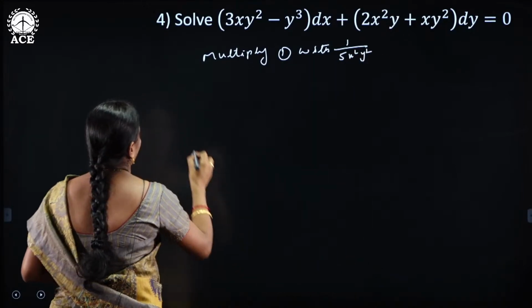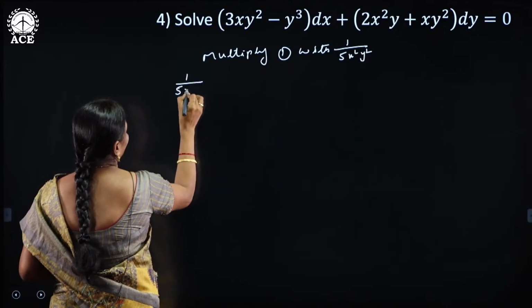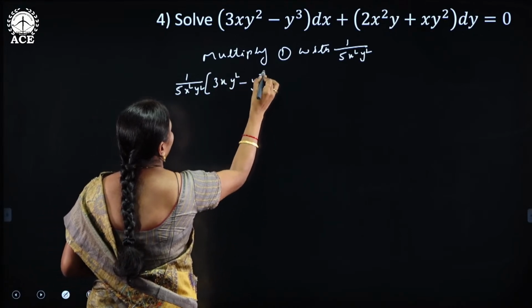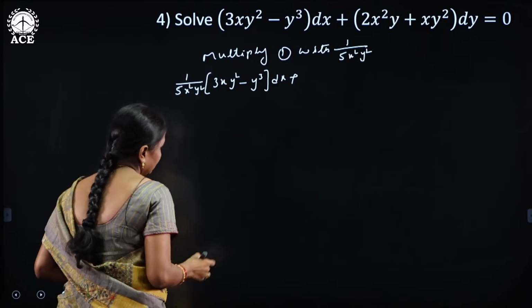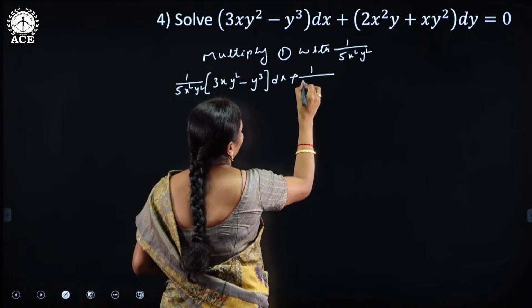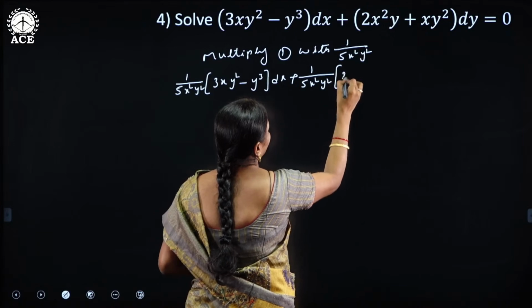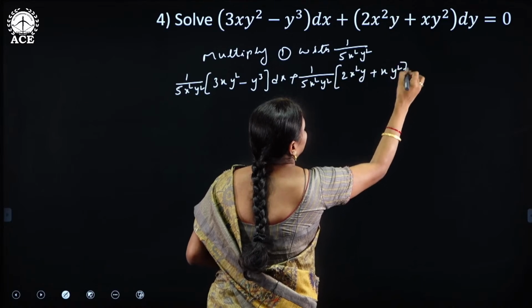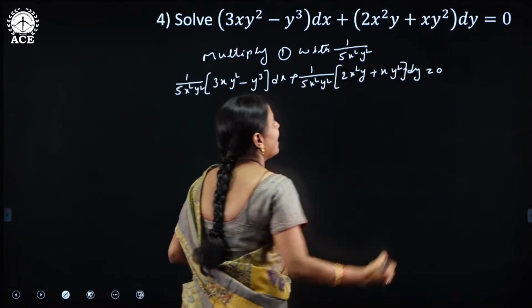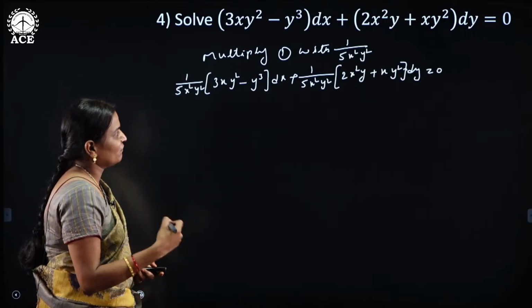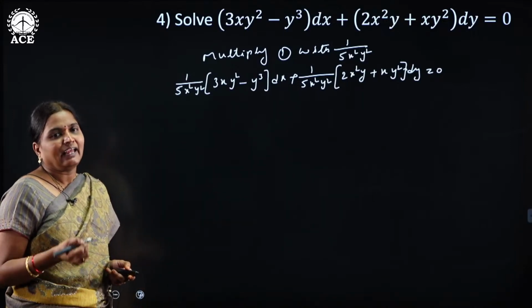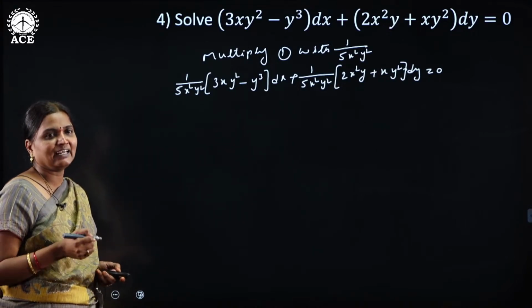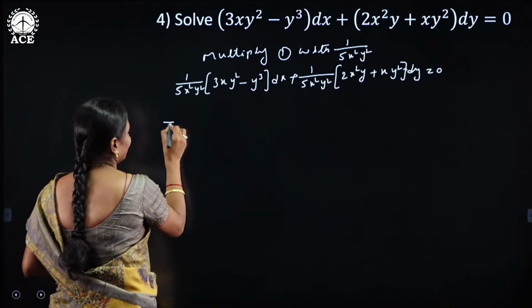So then we get 1/(5x²y²) into (3xy² − y³) dx plus 1/(5x²y²) into (2x²y + xy²) dy equal to 0. After multiplying the given differential equation with this integrating factor, we get a new differential equation, which is exact. So first divide term by term.